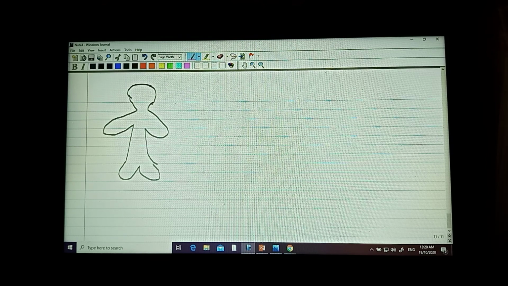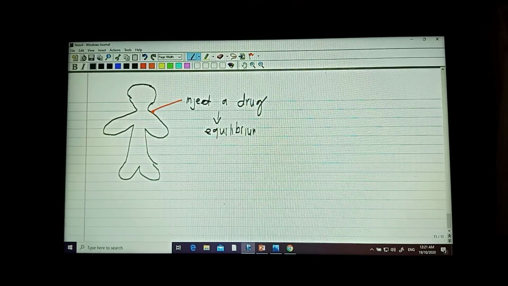Why? If you inject a drug, okay, you have to wait for the equilibrium, and then you have to take sample and measure the concentration. Measure the concentration. Ganun din.